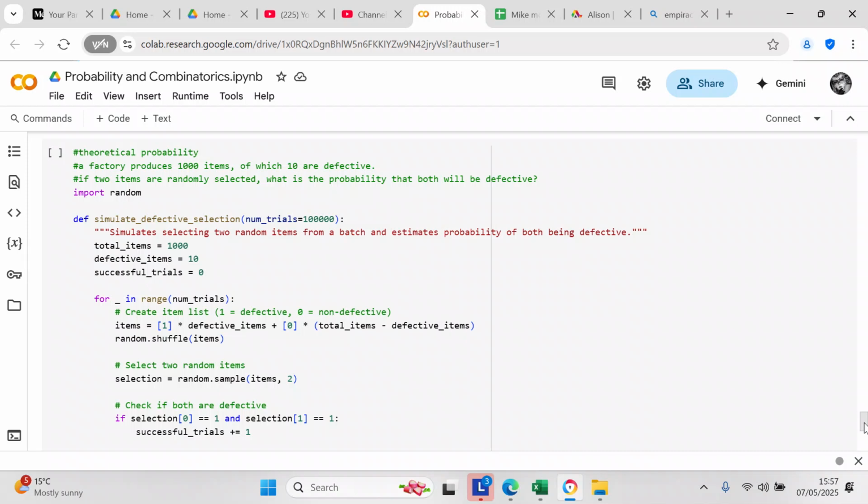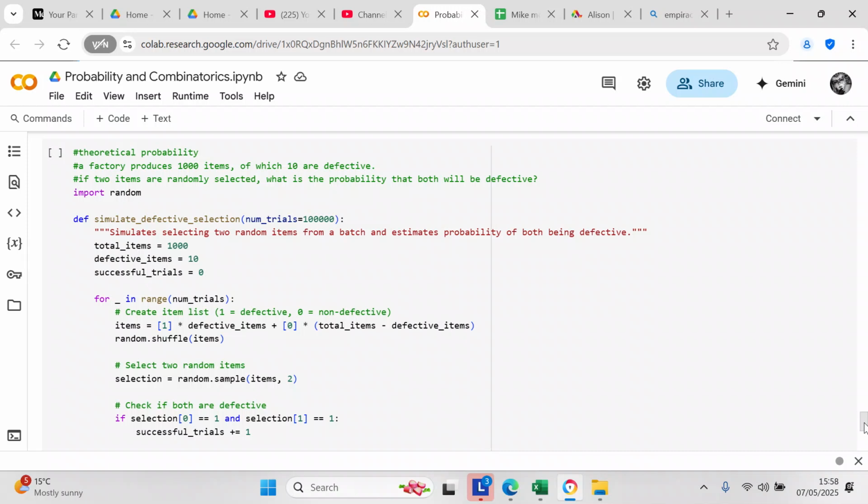So we import random, and we create a function called simulate_defective_selection. So num_trials equals, it looks like 100,000 to me. It simulates selecting 2 random items from a batch and estimates the probability of both being defective. Total items equals 1,000. Defective items equals 10.